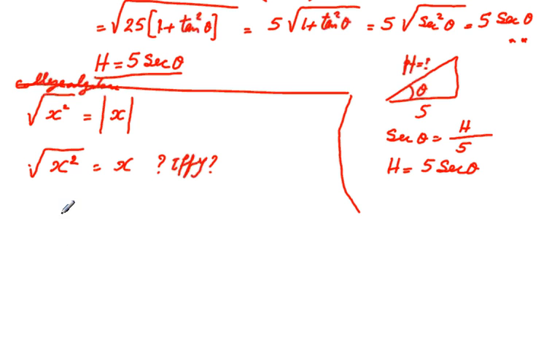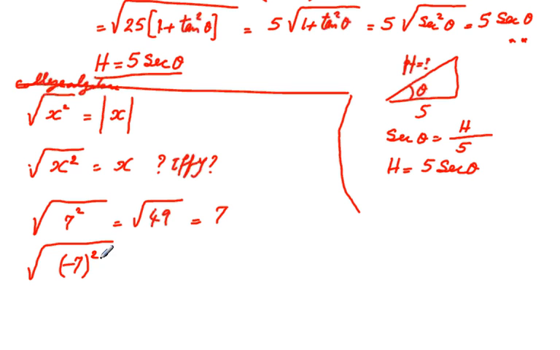Why is it iffy? Let's see. If you are starting with a number like 7 and you square it and then take the square root, this is 49, you come back to what you started. There's no problem with that here. If you started with 7, you square it and take the square root, you come back to 7, that's a confirmation of that. But suppose I had started with minus 7 and I squared it, and then I took the square root.